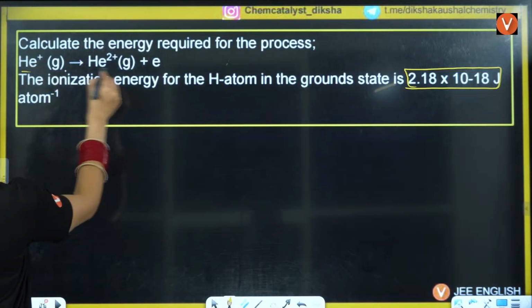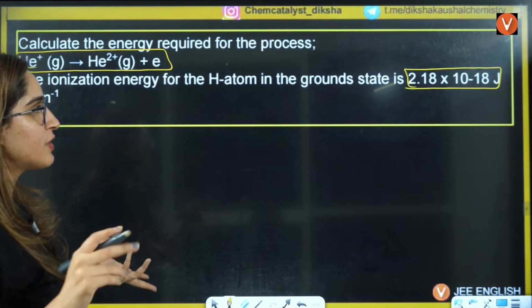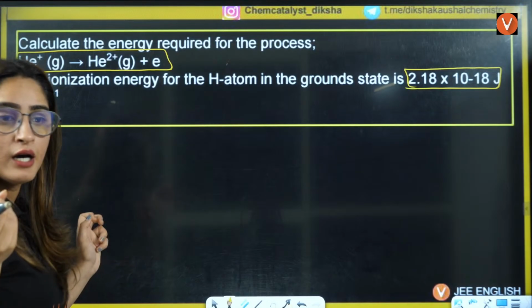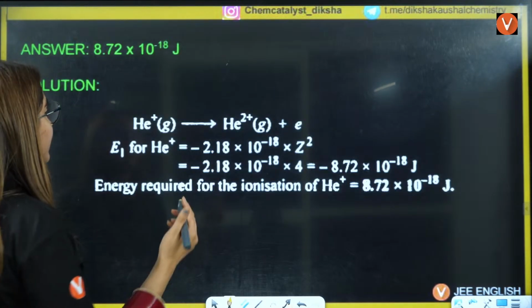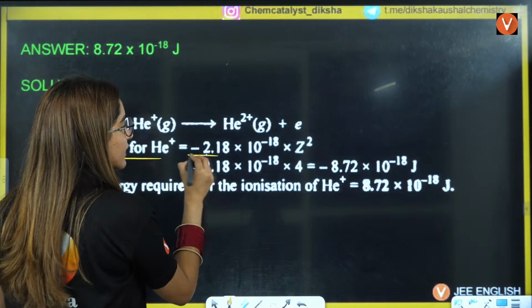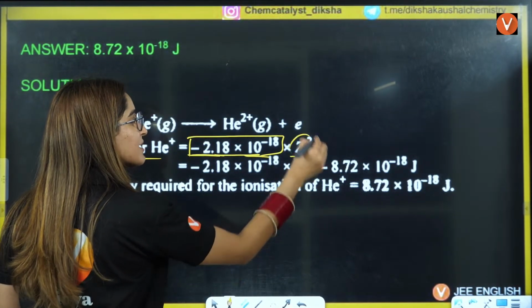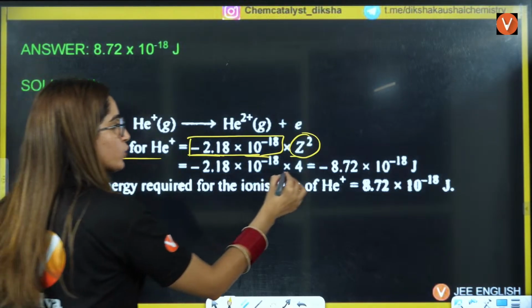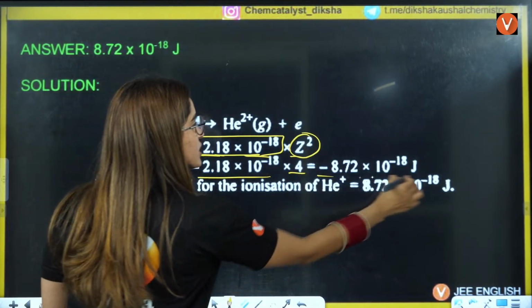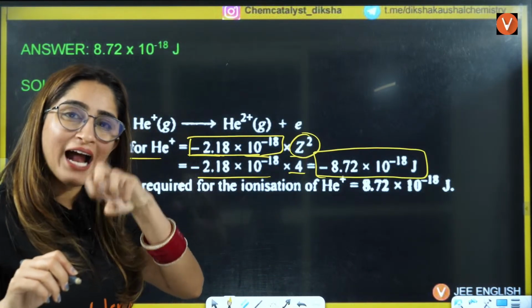So as you can see, ionization energy will be the opposite of the energy of that orbit. Energy of that orbit you can calculate from minus 2.18 into 10 raised to power minus 18, that is for hydrogen, multiplied by Z squared. For helium, Z equals 2, so this will be 2 squared, that is 4, and this will be the answer for the energy of that electron.